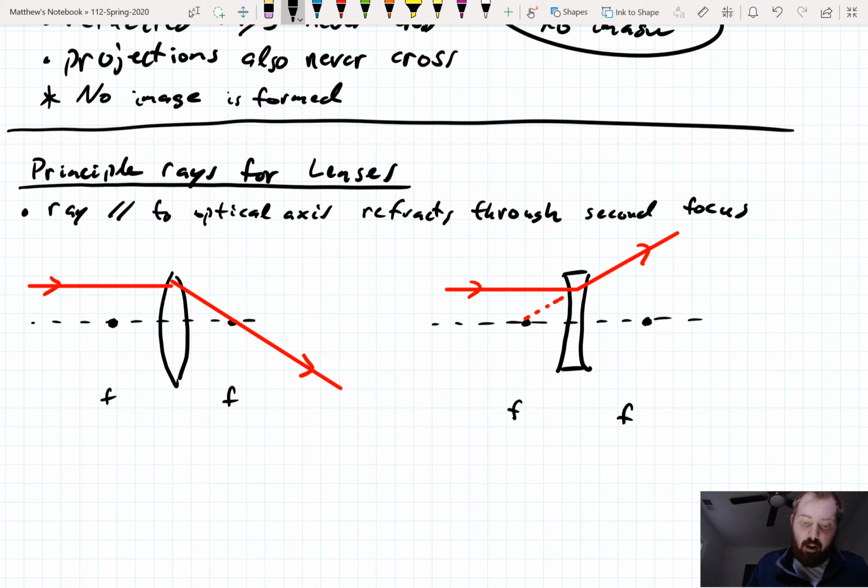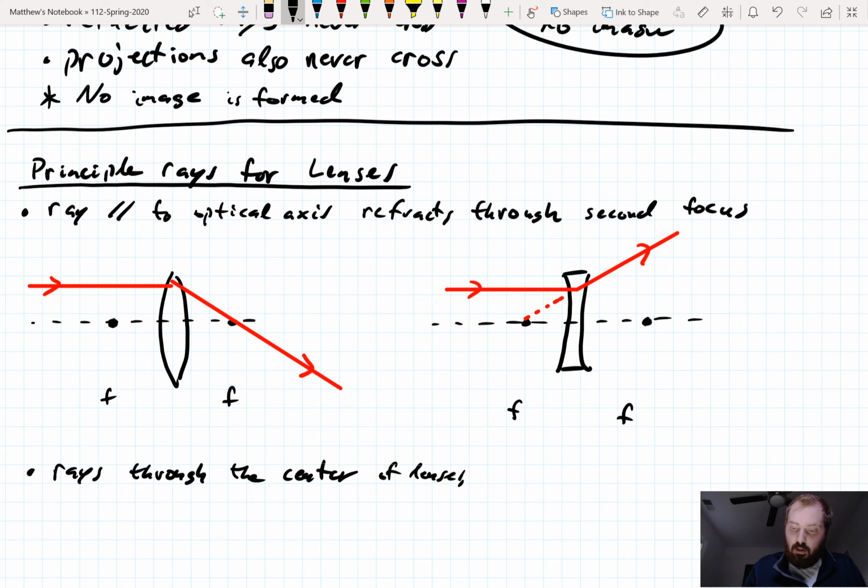Our next principal ray. If your ray goes through the center, then there's no refraction.